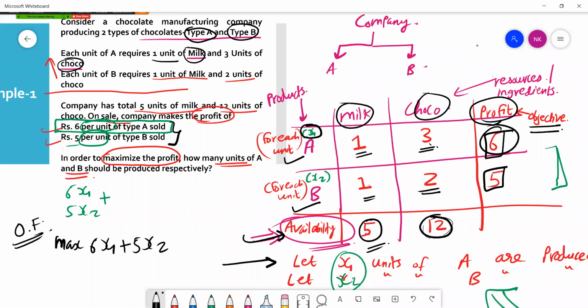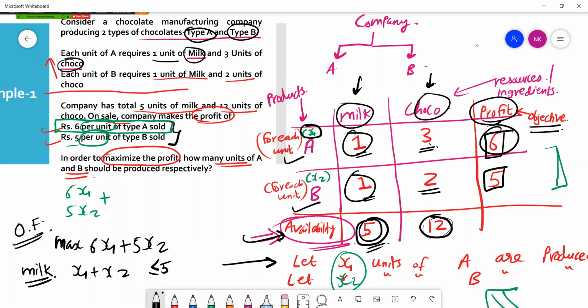The constraints are our milk and the choco. The units of milk available is 5, so ultimately it will be less than or equal to 5. For the milk, I am writing 1 unit of A, 1 unit of B, so x1 plus x2 should be less than or equal to 5.